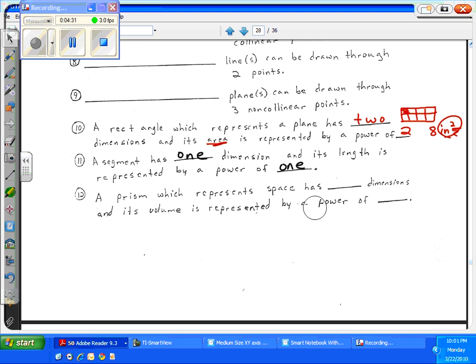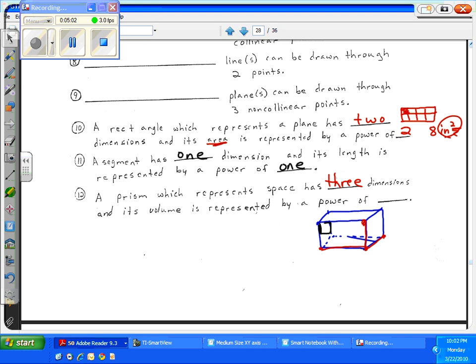A prism, which would look something like this, this would be a rectangular prism, represents space. It's got 3 dimensions. It has the dimension length, the dimension width, and the dimension height. When we talk about volume, we're talking about cubic units.